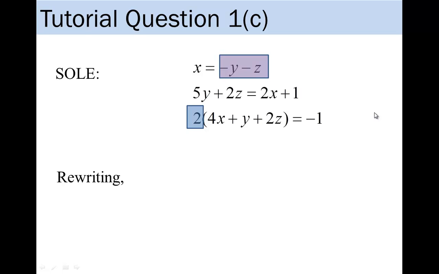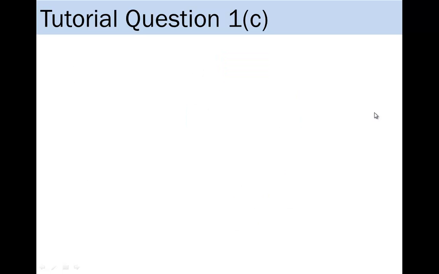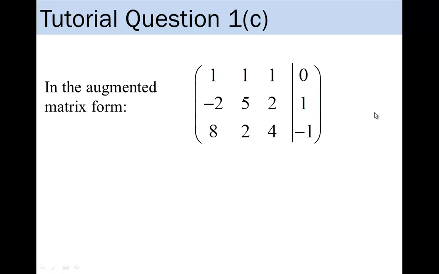To help me write it in augmented matrix form, I would manipulate each equation to ensure that all my variables are on the left-hand side, all my right-hand sides are constants, and any factors are fully expanded. Okay, with this, it is a lot easier to see that this is the augmented matrix that I have. And now I am ready to begin pressing my GC.